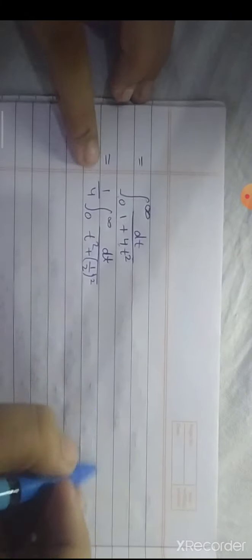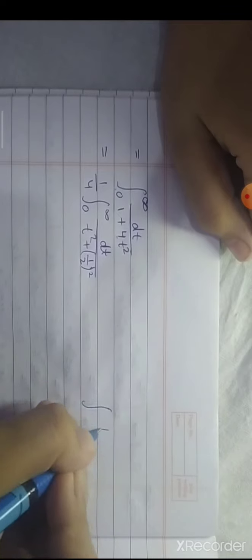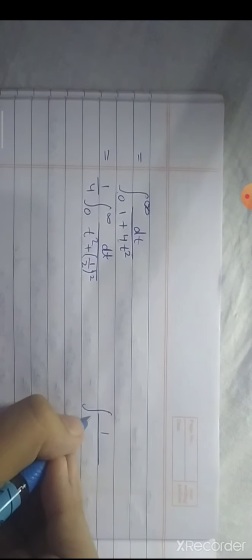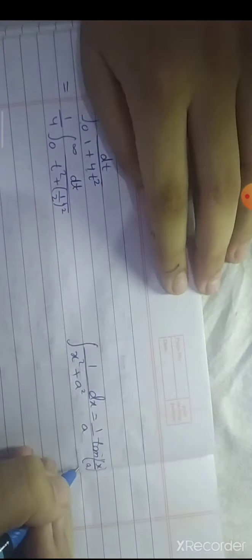Now we know one formula, that the integration of 1 upon x square plus a square dx is equal to 1 upon a tan inverse x upon a. We will apply it here.